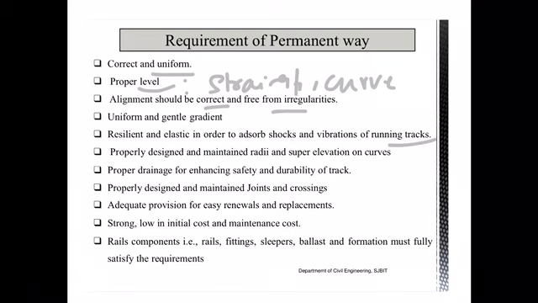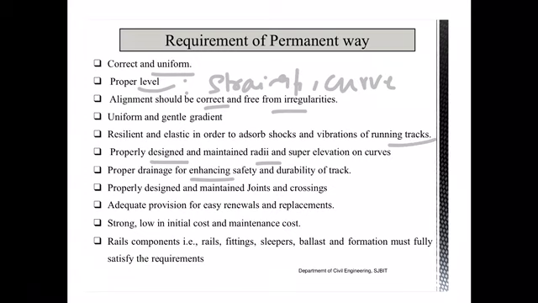The drainage properties of the track components should also be very good, which will enhance the safety as well as the durability of the track. On a curve, the track should be designed and maintained for the proper radii and super elevation, because the safety at which trains run on curves mainly depends upon how much radius you have provided and what the super elevation is.